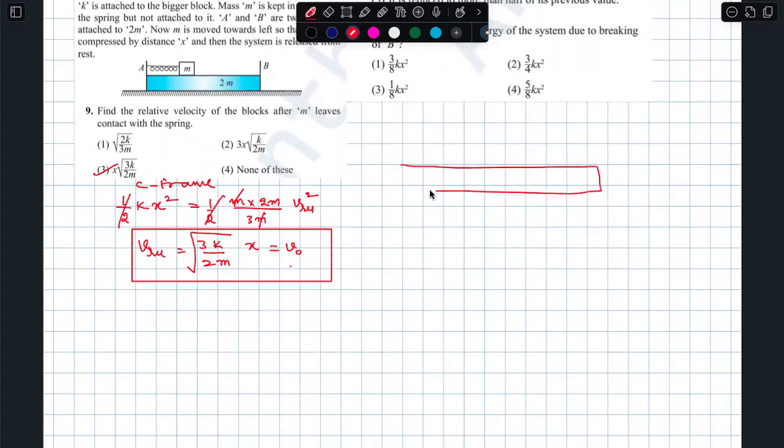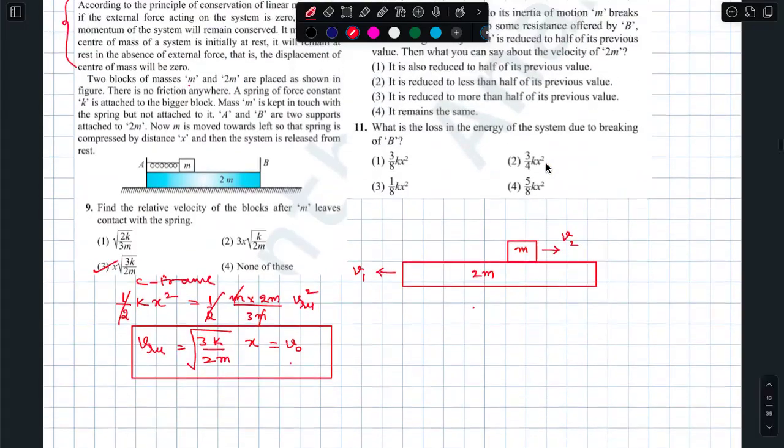What you have is a block of mass 2m moving with velocity v1, and another block on the top, which is moving with velocity v2. Small. This is where we are right now.